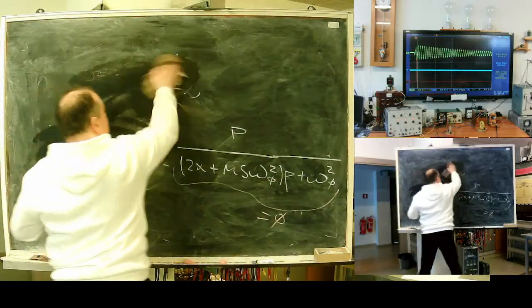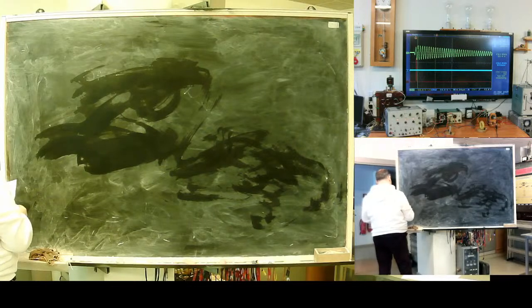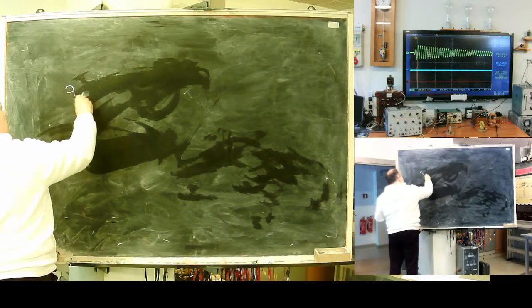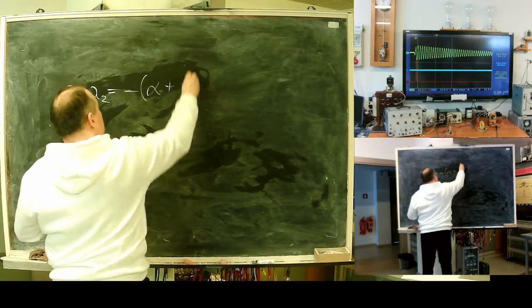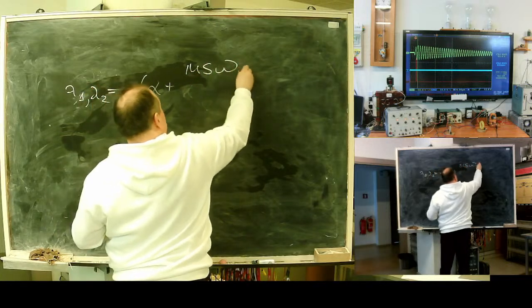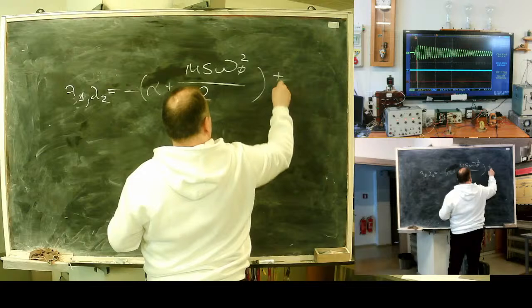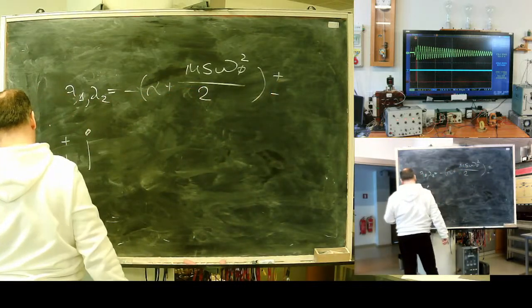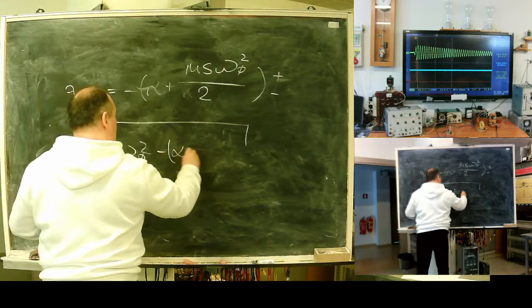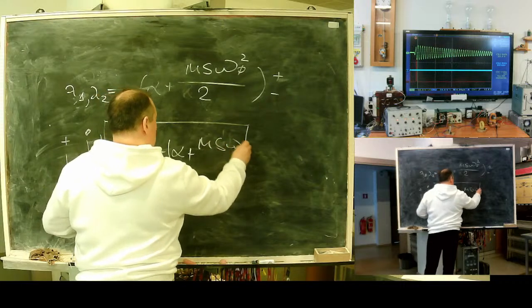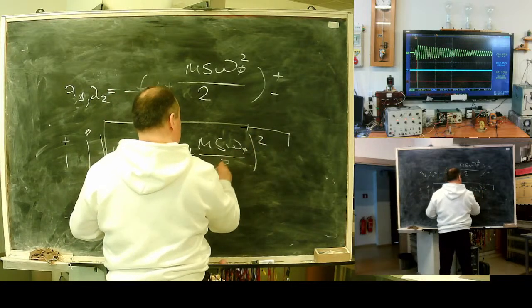What will we see? Lambda 1, lambda 2 will be minus alpha plus M S omega 0 squared divided by 2, plus minus the square root of omega 0 squared minus (alpha plus M S omega 0 squared) divided by half squared.